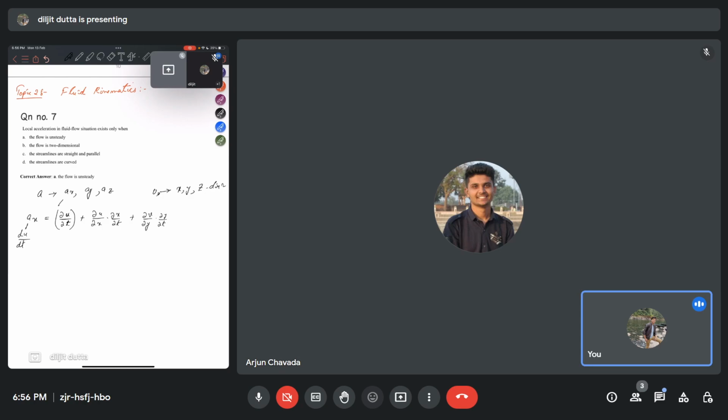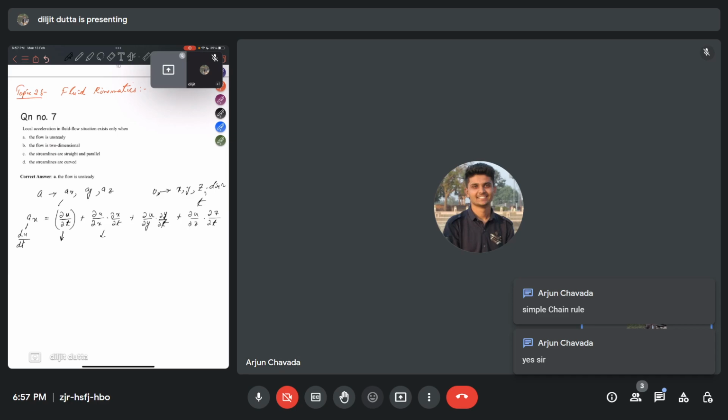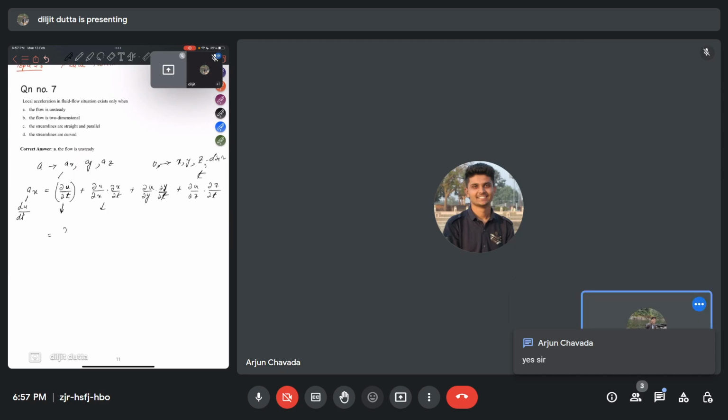So u is a function of x, y, z, and t. It can change with respect to time, with respect to x into dx by dt, with respect to y into dy by dt, and also with respect to z into dz by dt. This is just the chain rule.